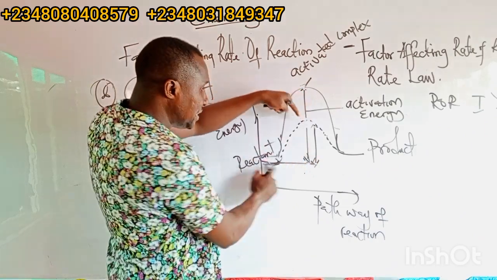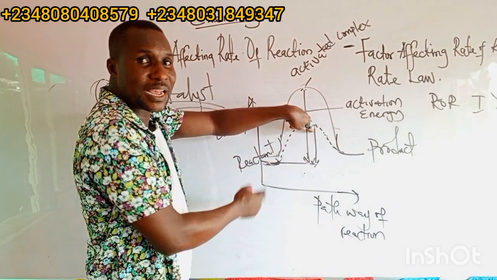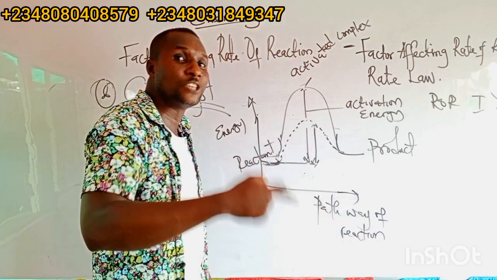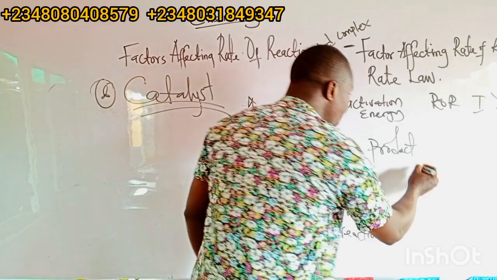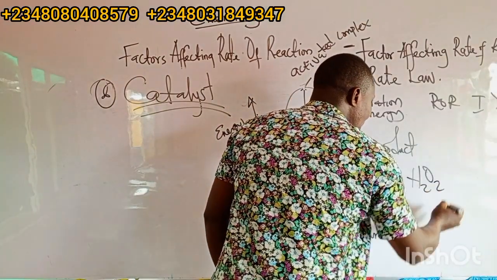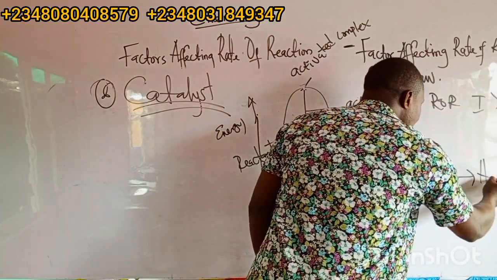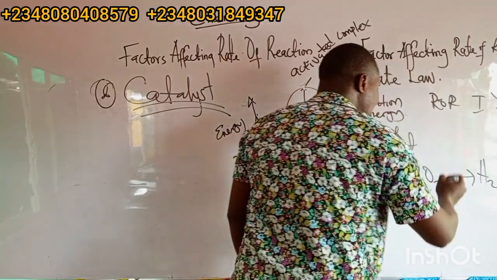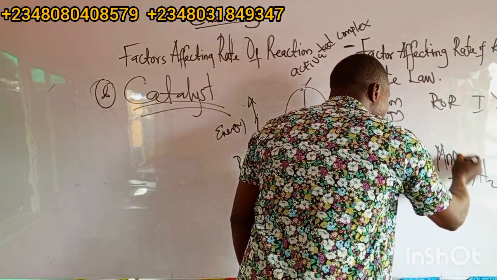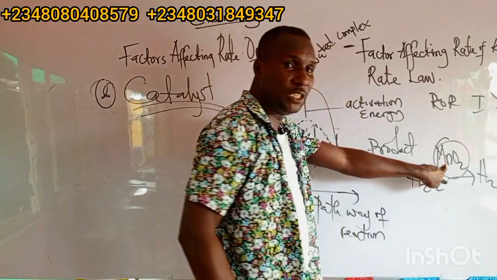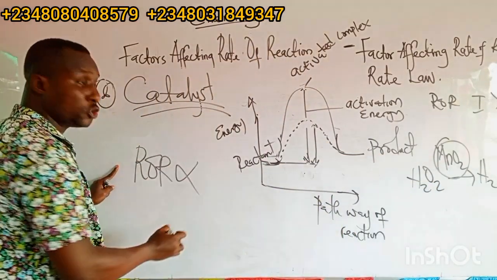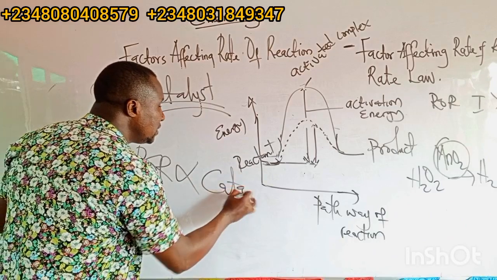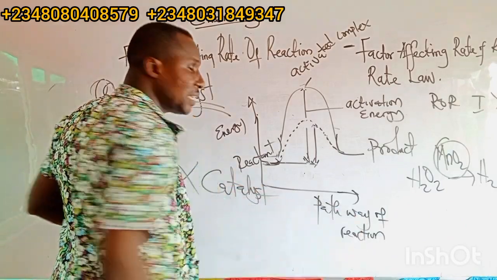Which substance created this part? The catalyst. A catalyst increases the rate of reaction. Take note of that. For example, when you have hydrogen peroxide decomposing to form H2O and O2 in the presence of manganese(IV) oxide, the rate of reaction is directly proportional to the catalyst.